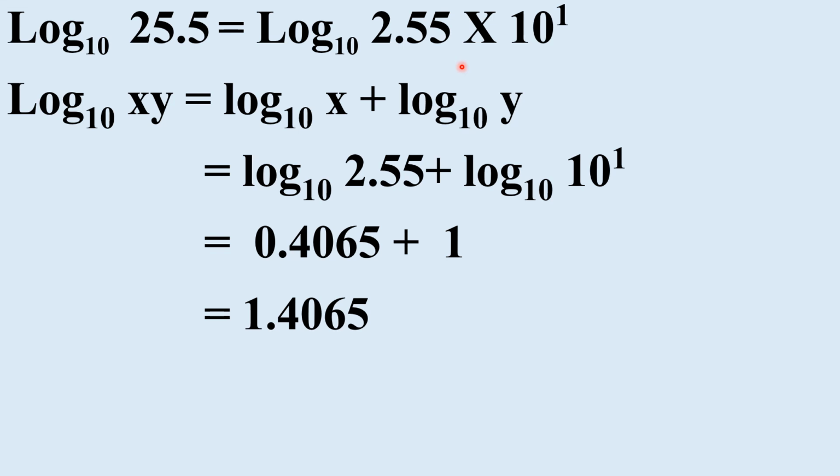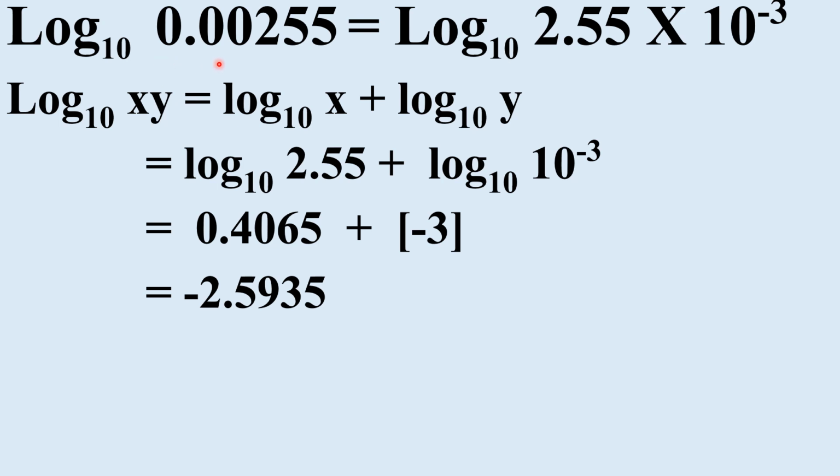Now it is in the form of log xy. So log xy is equal to log x plus log y. Thus log of 2.55 into 10 raised to the power 1 can be written as log 2.55 plus log 10 raised to the power 1. The value of log 2.55 is 0.4065, and that of log 10 raised to the power 1 is 1. So that is 1.4065. So the value of log 25.5 is 1.4065.